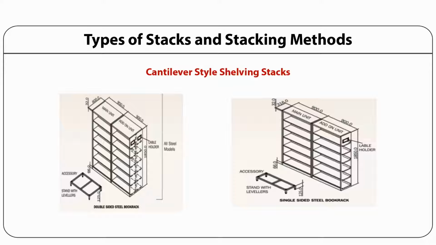In a double-faced shelving unit, shelves are hung on both sides. In a single-faced shelving unit, shelves are hung on one side and the unit is placed against the wall. This type of shelving stack is most commonly used by libraries, as these are flexible, strong, and cost-effective.